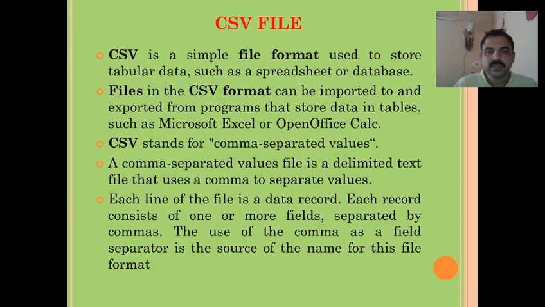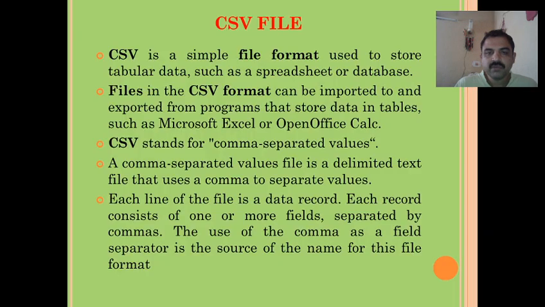So CSV is a file format which can store data in the form of a spreadsheet or database, and the main advantage is that these can be imported and exported. CSV expansion is comma separated values.